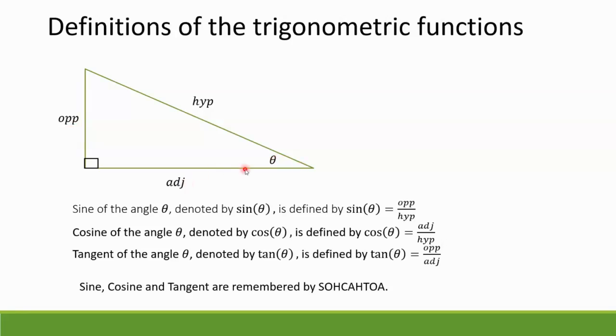The side next to it is what we call ADJ, which is adjacent. HYP is hypotenuse. That's always opposite the 90-degree angle, okay? Always opposite it, as you can see. And then you have the definition of the trig functions. Again, we've seen this slide before, and you could always remember this using SOHCAHTOA, as you can see.